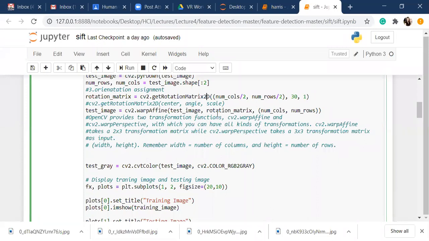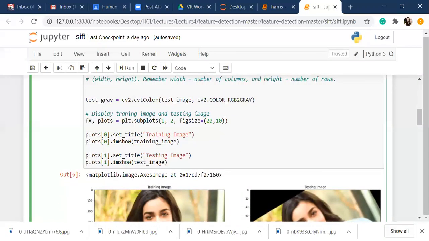In my case I am using the affine one, because I am using a transformation matrix of 2 by 3. Inside this you have to pass the rotation matrix created in the previous step, and the number of columns and the number of rows, which define the width and the height. The width is represented by the number of columns and the height by the number of rows here.